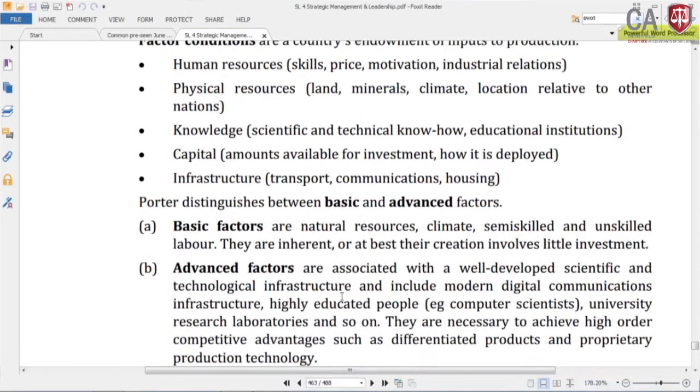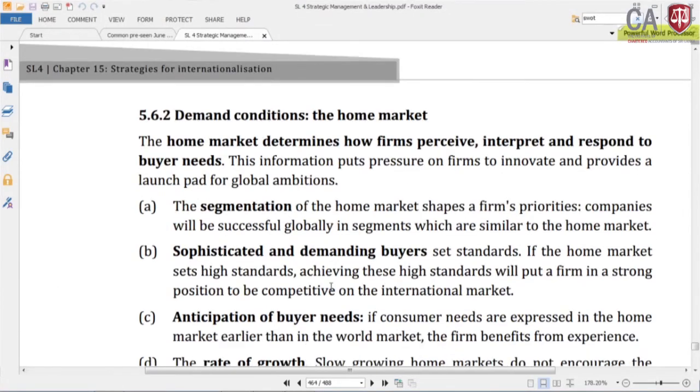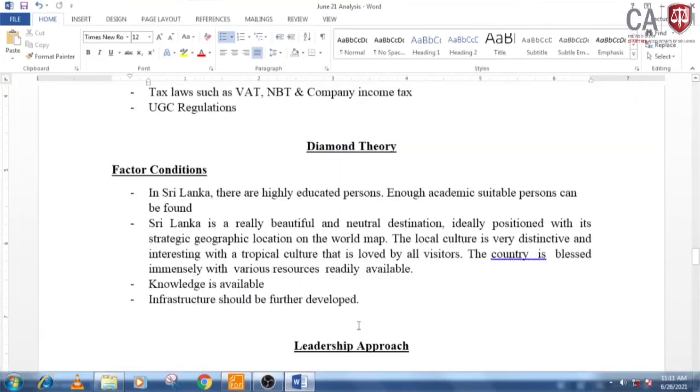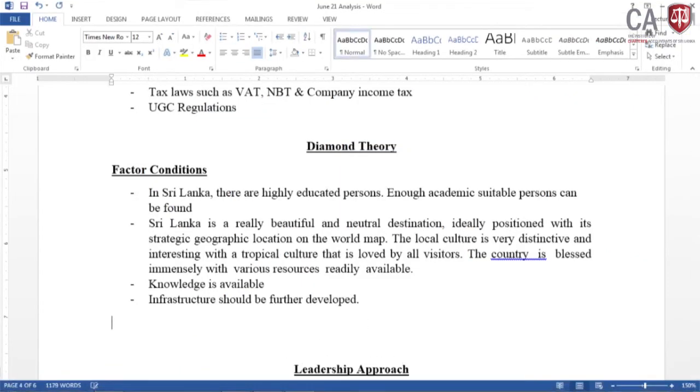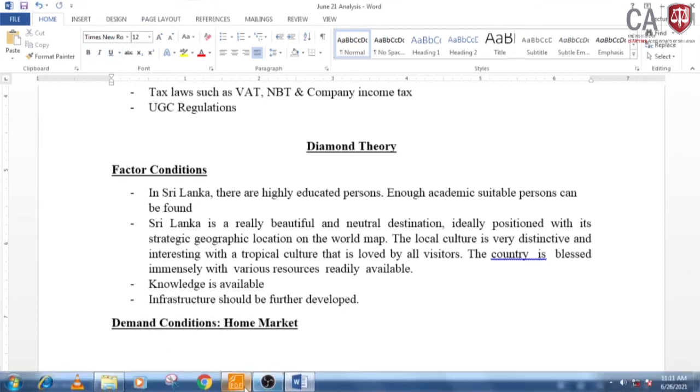Then what about the next one? Demand conditions, the home market. What do you think about that?